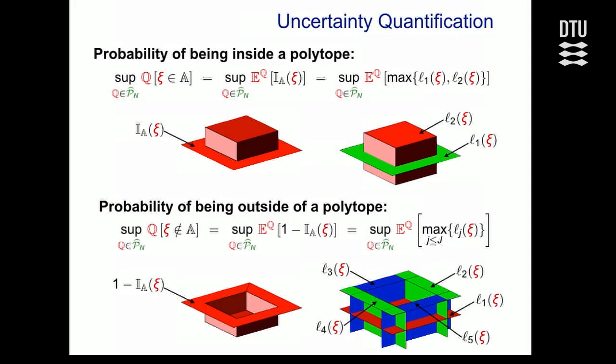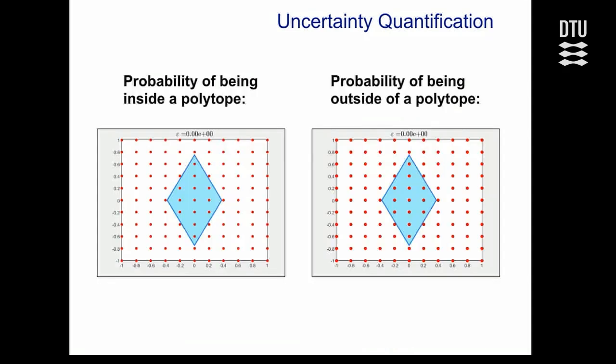And then for each facet of the polyhedron A, there is one function which is equal to 1 if that particular constraint corresponding to that facet is violated, and that is equal to minus infinity otherwise. If you take the maximum of all these, as visualized there, then you recover basically the characteristic function of the complement of the set A. Again, you can use the general techniques I've shown you applied to this setting to reformulate this as an LP.